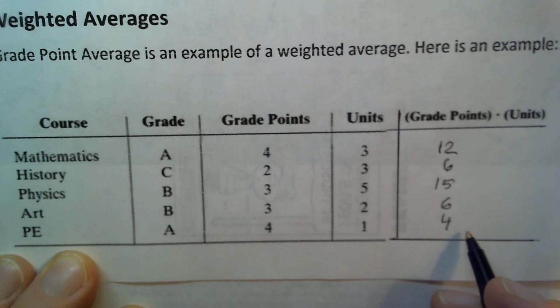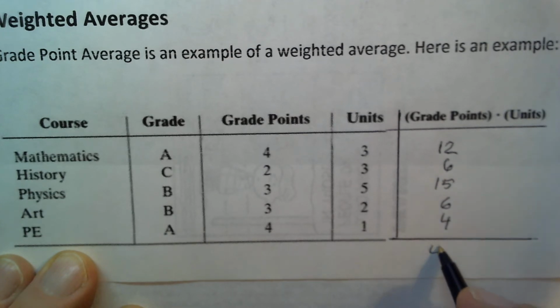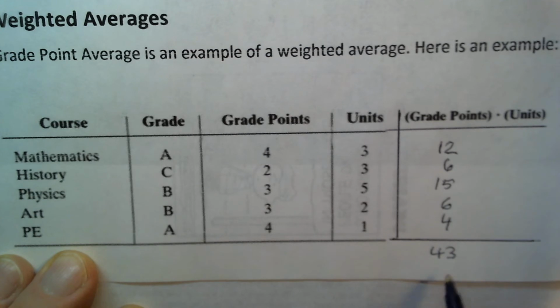Then we add up all the grade points times the units. We add up these numbers, and the total is equal to 43. And when we add up the units, the student carried 14 units. So here are the totals.